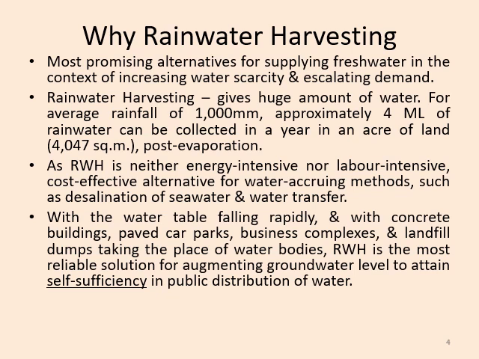Rainwater harvesting gives a huge amount of water. Like we have considered a statistic, a fact, that for an average rainfall of 1000 millimeters, meaning rainfall depth of 1 meter, approximately 4 million liters of rainwater can be collected in a year.